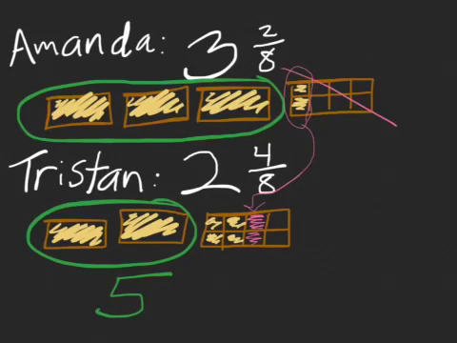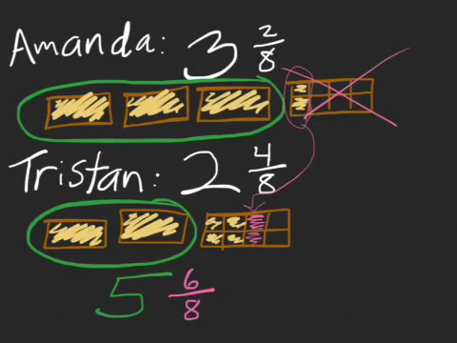So basically, we don't have to think about Amanda's leftovers anymore if we imagine them combining with Tristan's. So Tristan had 4/8, and then we put 2 more 8ths there, which means that now we've got 6/8.